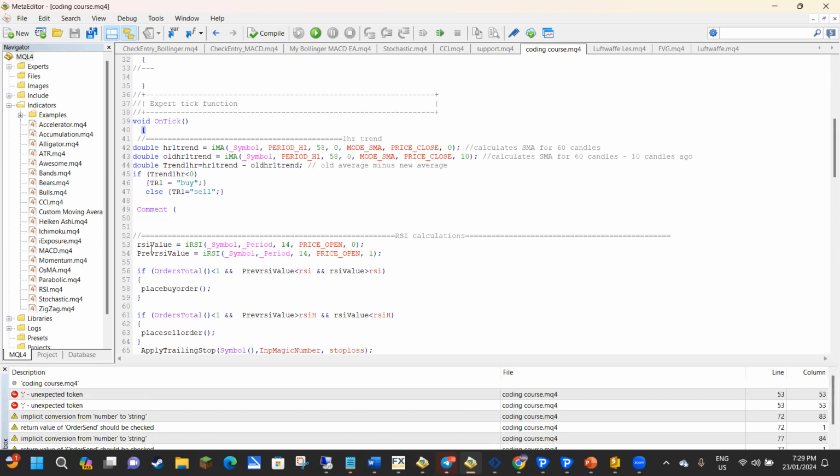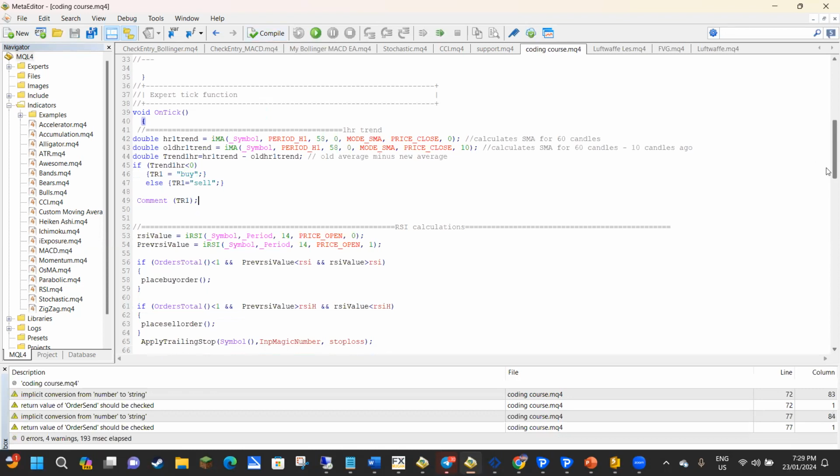Oh, I didn't finish the comment. That's the problem. Comment TR1. So compile. There we go. And so now it's calculating the 1 hour trend for us.